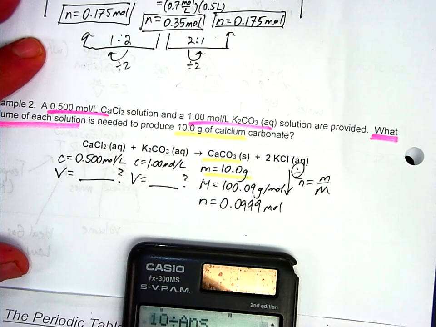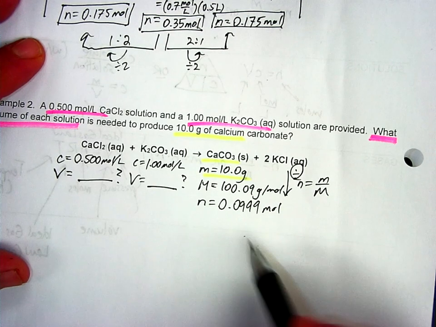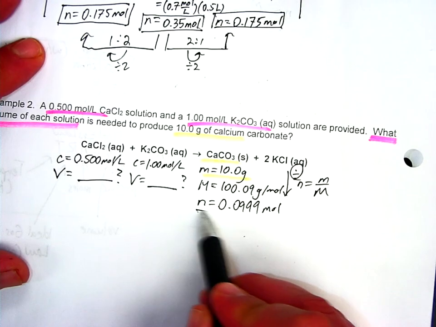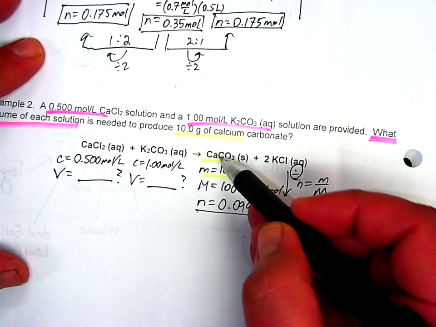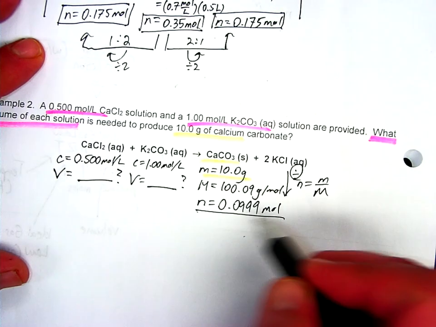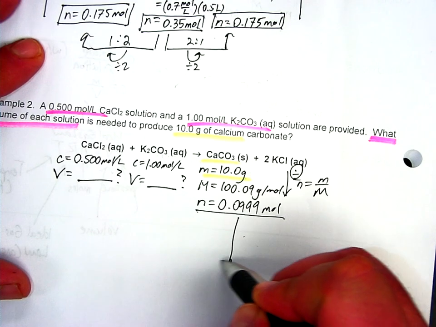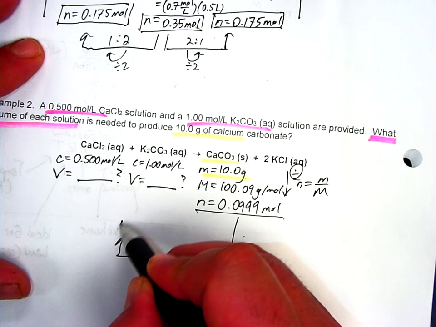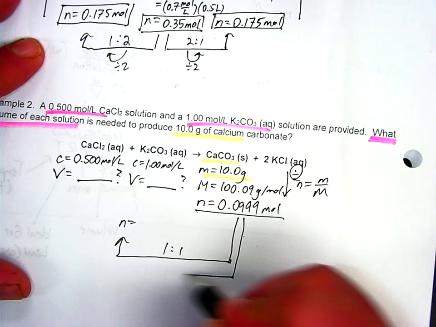Okay. And then finally, if that's my mole amount, I'm just going to double check that everything's balanced. Everything's balanced, so it's 1 to 1 in each case. That makes things a lot simpler. So I'm just going to leave a little bit of space here. So the moles, because it's 1 to 1, I'm not changing the number of moles.